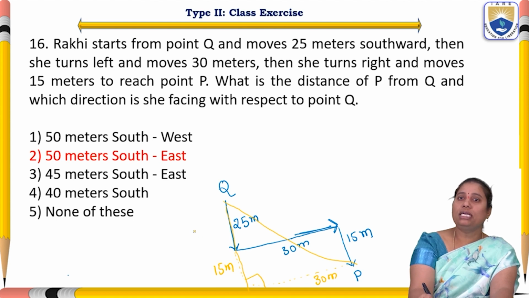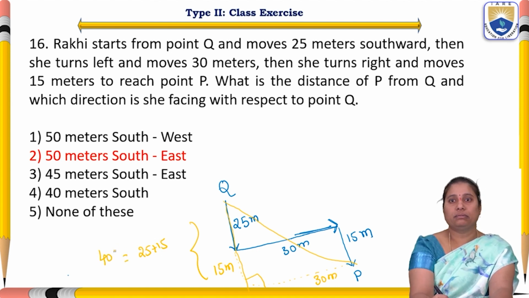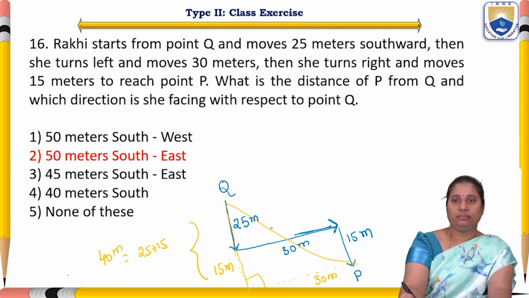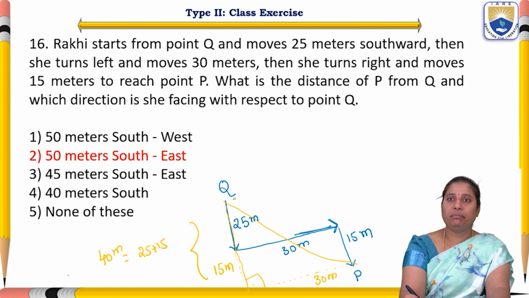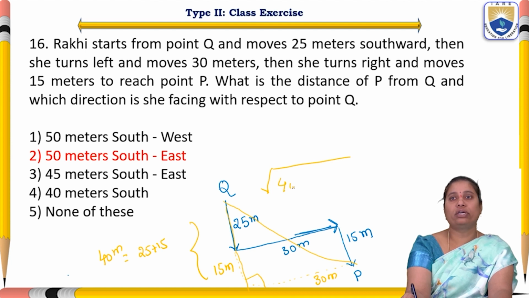So this total length is 25 plus 15, that is 40 meters. Now if we apply the Pythagoras theorem between Q and P, the distance QP equals the square root of 40 square plus 30 square.